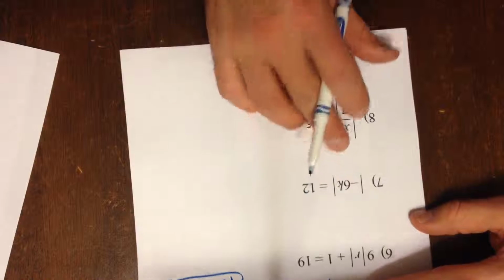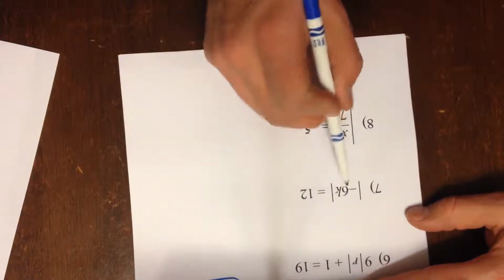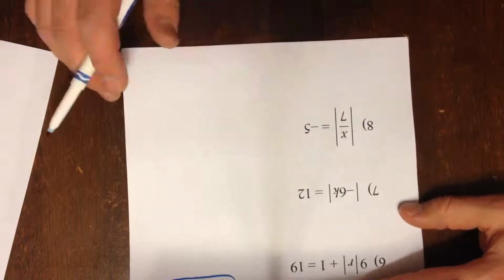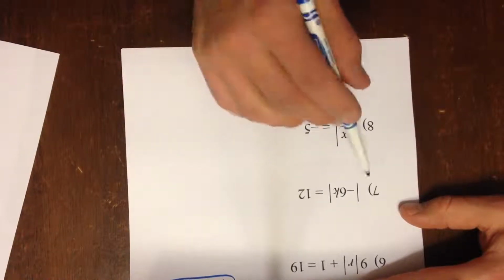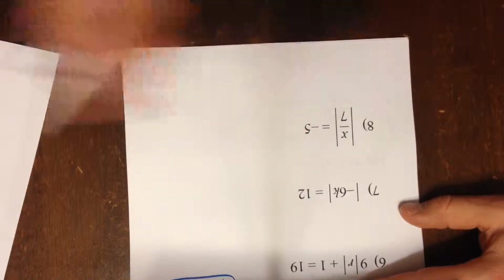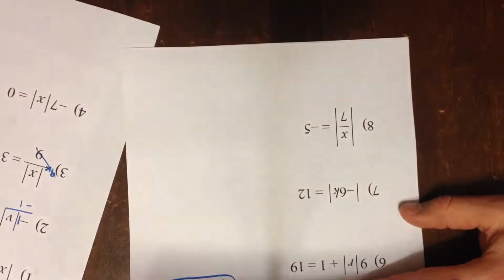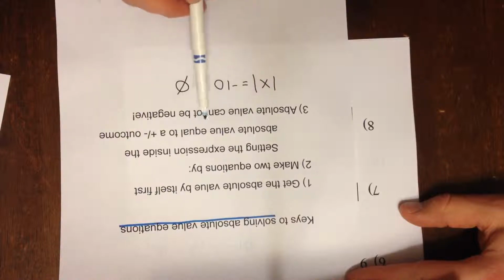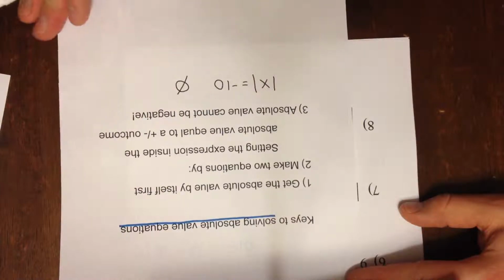Alright, this one here is the first one that has more than just one single variable inside the absolute value. So when you have one like this, you have to really follow what I had laid out there. You have to think about it a little bit more. I have to make two equations by setting the expression inside the absolute value equal to a positive and negative outcome.